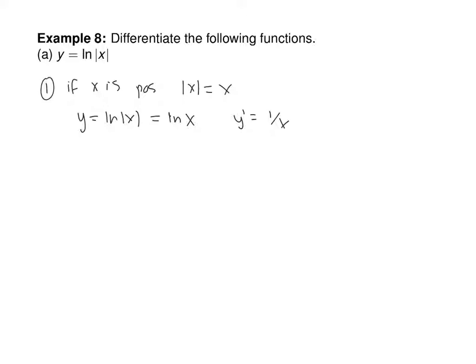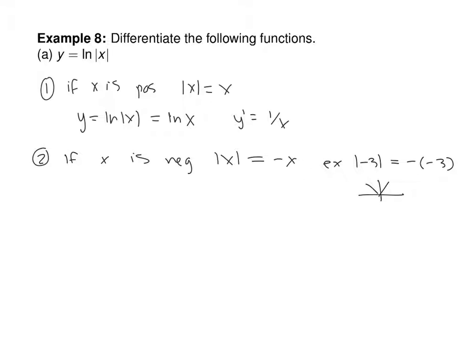Okay, part 2 is if x is negative, then absolute value of x is negative x. You can think about that two ways with a number. If I absolute value negative 3, it's the same thing as negative 3, right? That's how you make a number positive, is you negate it, right? Or you can think about the function absolute value of x. It's that V-shaped curve, right? This side of it is y equals regular x, right?